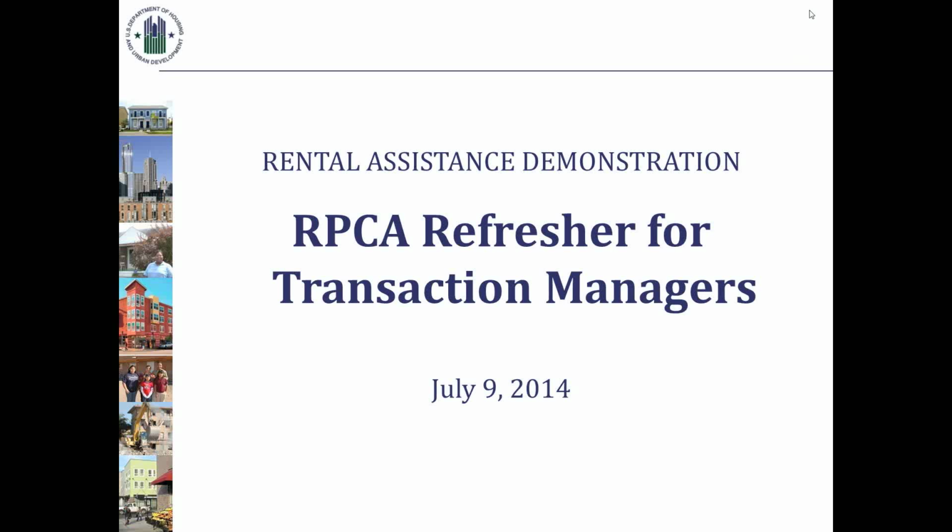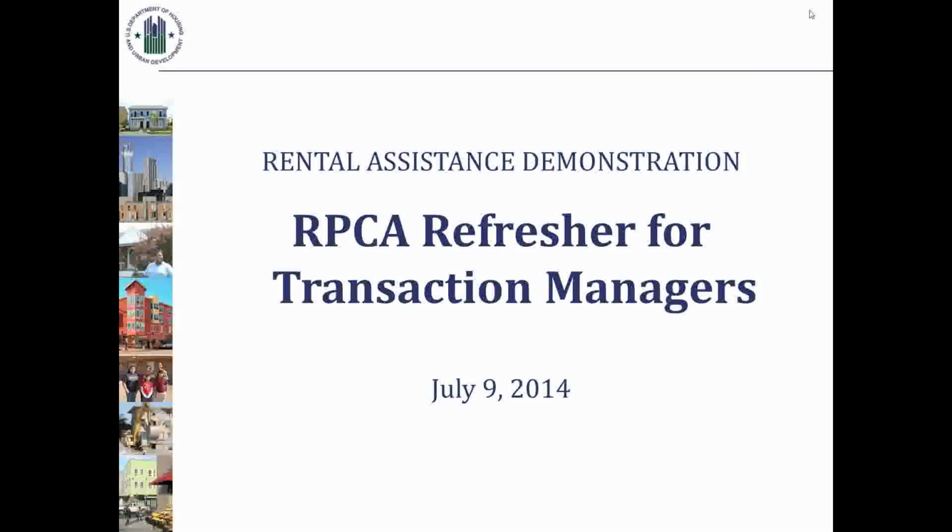And while this has been billed as a refresher for transaction managers, what I really think it is, is more of a what do I do with the PCA that comes in at the financing plan. We have trainings on the resource desk that cover the review of the PCA and the back and forth that should go on between the transaction managers and the PHA when you're reviewing the drafts of the PCA and all of that sort of thing.